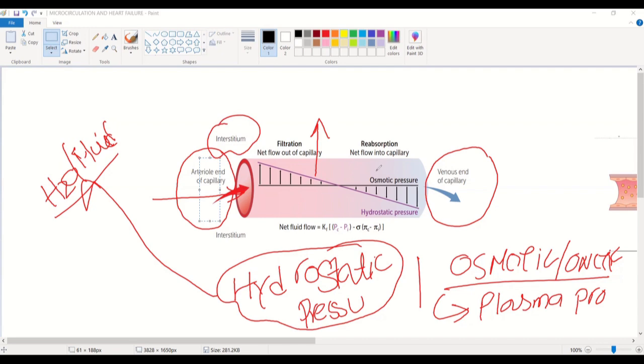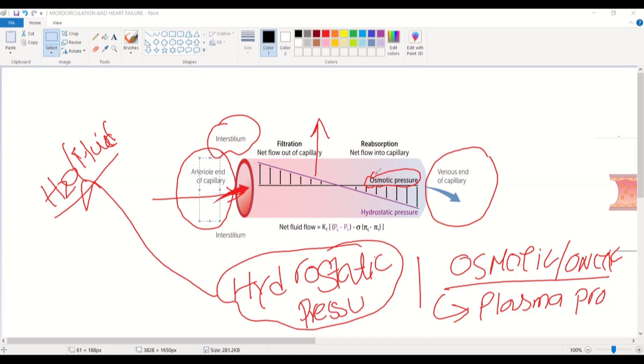And this oncotic or osmotic pressure holds the fluid within the capillaries. So there is a balance between the capillary hydrostatic pressure and the capillary oncotic pressure.